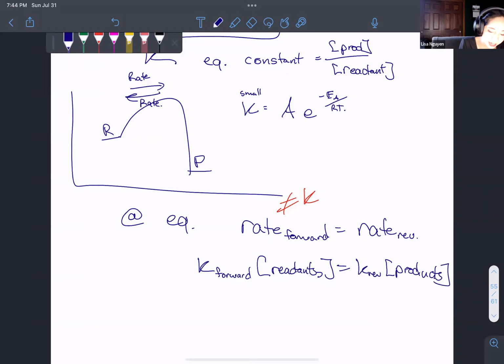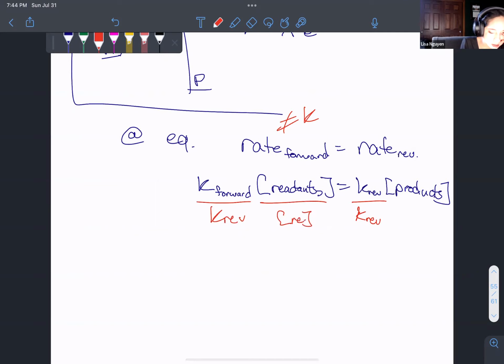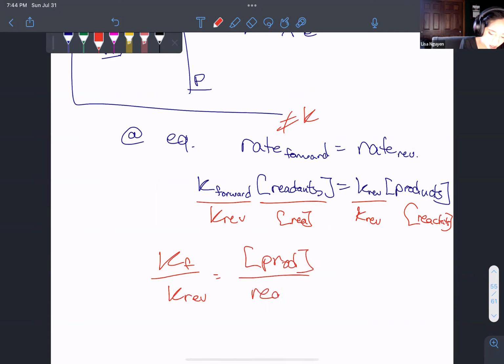If we rearrange things, dividing by k reverse on both sides and by reactants on both sides, what I get is that k forward over k reverse equals concentrations of products over concentrations of reactants.